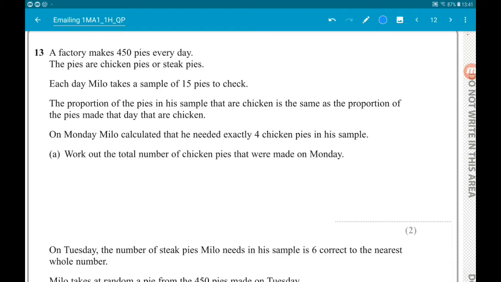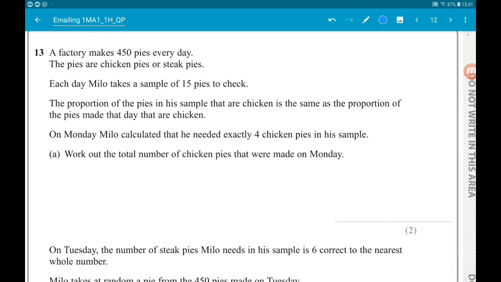The proportion of the pies in his sample that are chicken is the same as the proportion of the pies made that day that are chicken. So, for example, if 1/3 of the pies baked on a day were chicken, in his sample, 1/3 of the 15 would then be chicken.